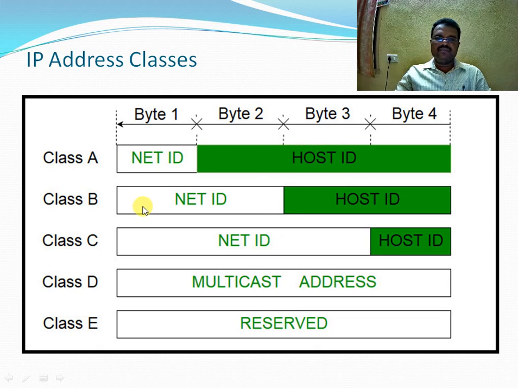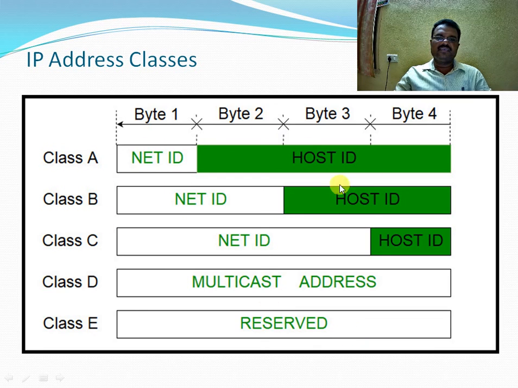In Class B, the first 2 bytes are used for identifying the network, and bytes 3 and 4 for identifying the host. In Class C, the first 3 bytes identify the network, and the last byte, byte 4, identifies the host. Class D is used for multicast addresses, and Class E is reserved for research purposes.